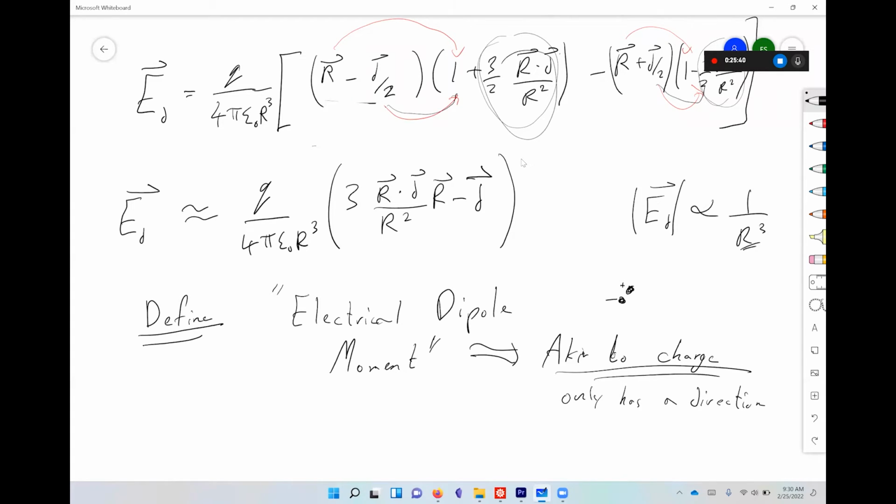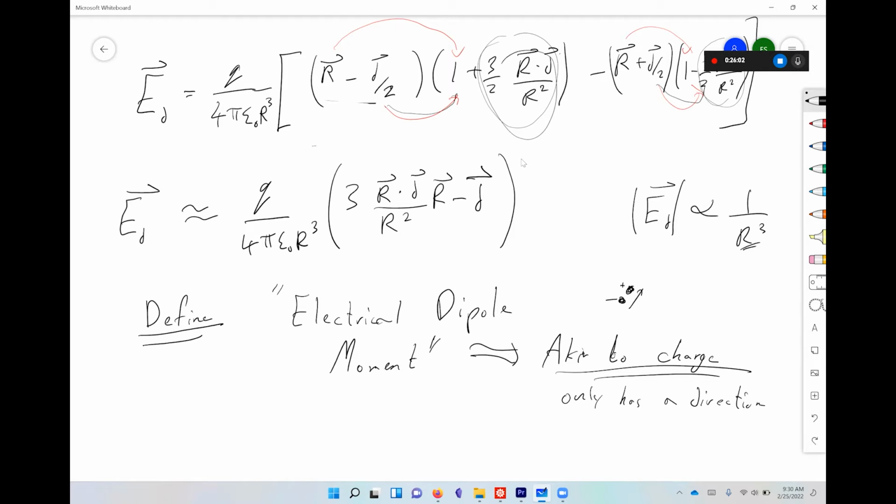It is a vector quantity, not a scalar quantity. And where does that vector element come from? It comes from the orientation of the dipole. The orientation of the dipole in space, the arrow from the negative charge to the positive charge, is what gives the directionality to that source of the electrical field.